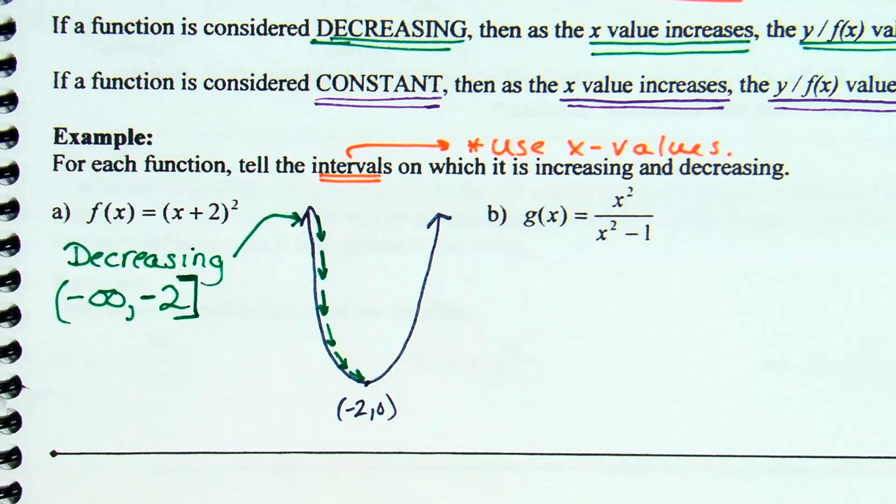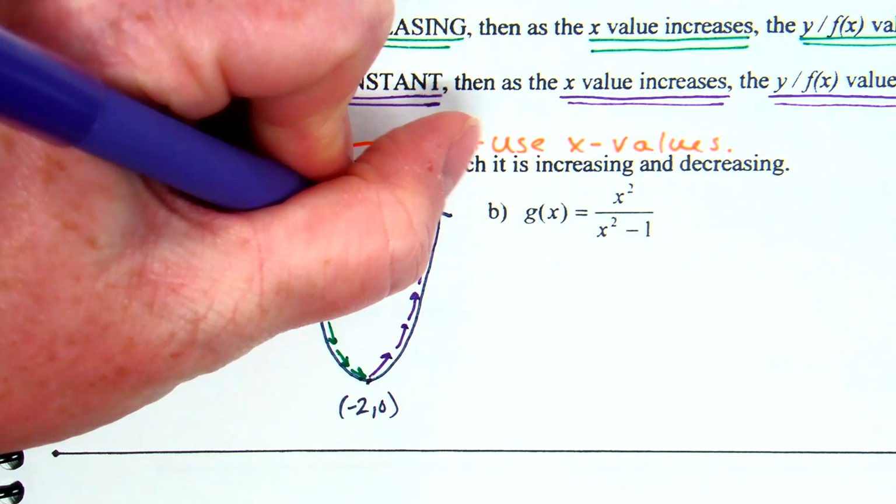Okay. What happens after we pass through the point -2, 0? As I continue to move to my right, now I'm going up, yes? And if I'm going up, those values are increasing.